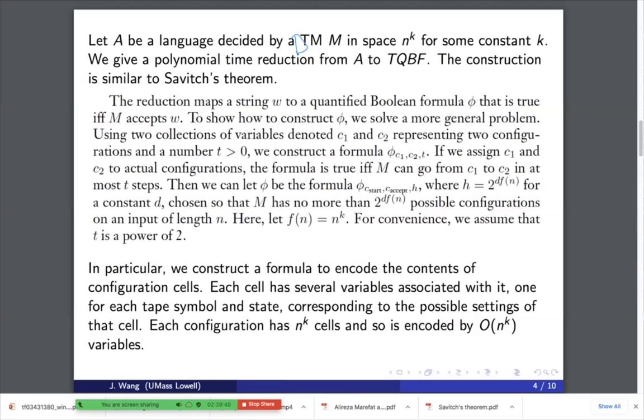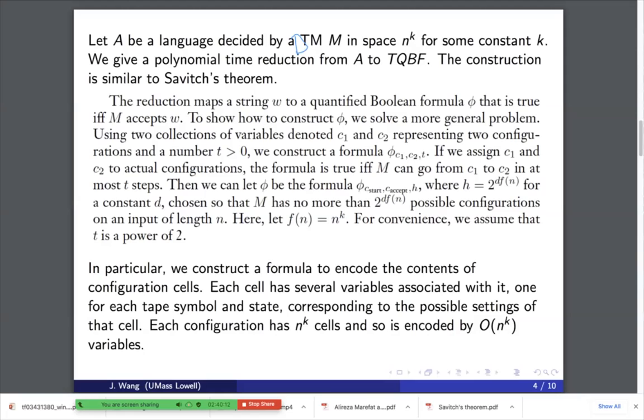Then we construct a formula phi sub C1, C2, T, indicating that this formula represents that path of configurations. If we assign C1 and C2 to actual configurations, the formula is true if and only if M can go from C1 to C2 in at most T steps.